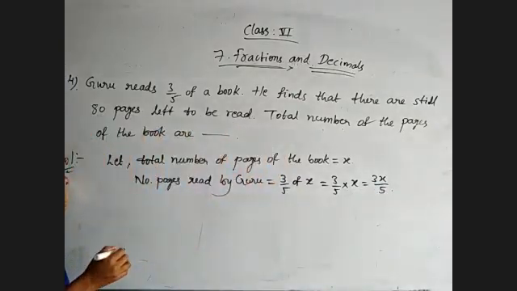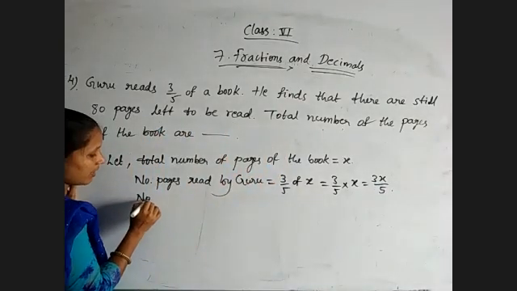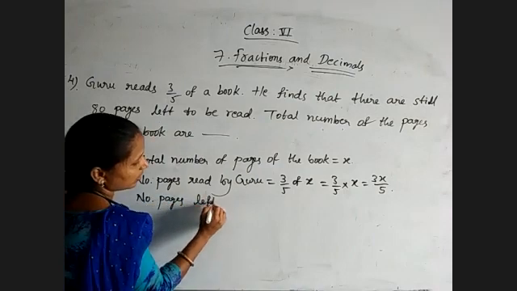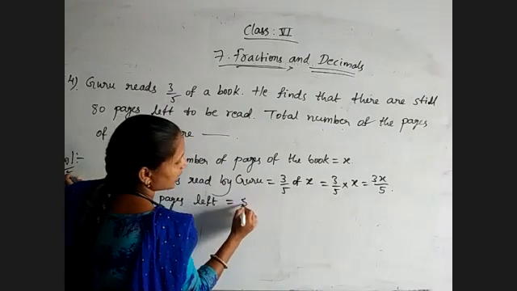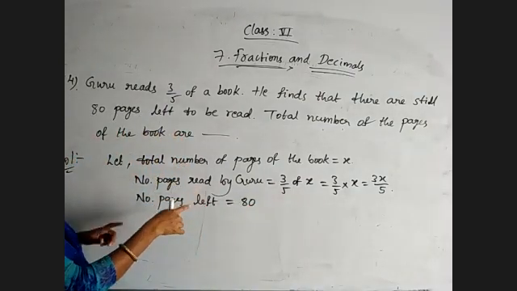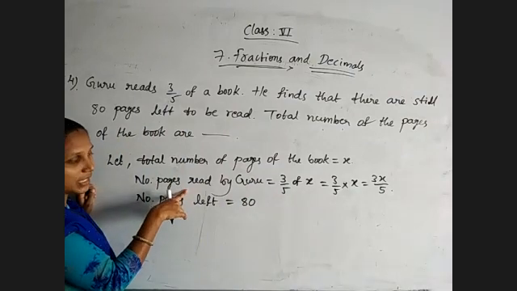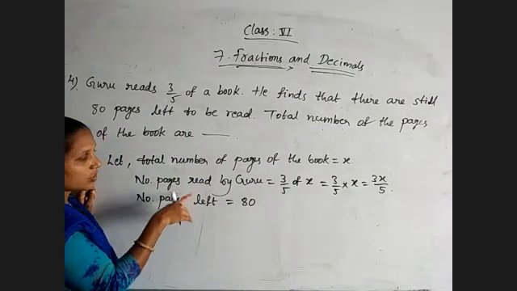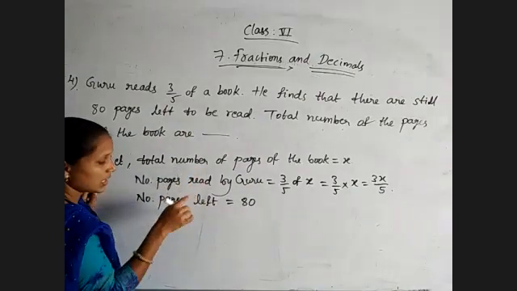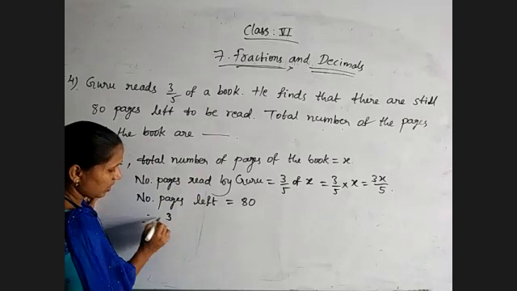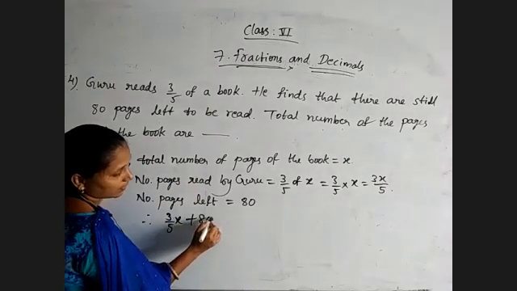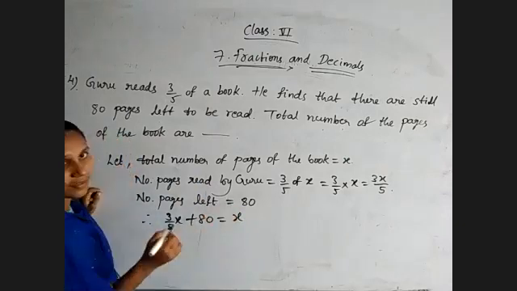Then, the number of pages left in the book is equal to 80. Now these are the pages he read, and these are the left pages. So by adding these two, we will get the total number of pages of the book. Therefore 3/5 of x plus 80 gives us the total pages of the book.